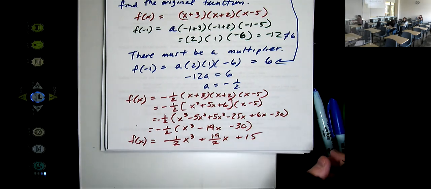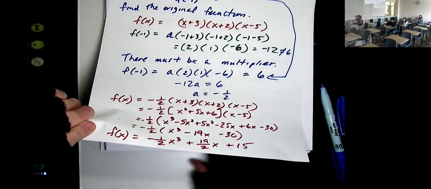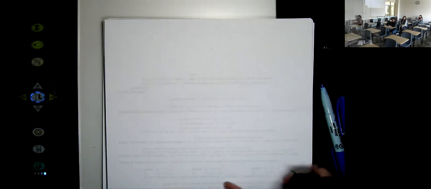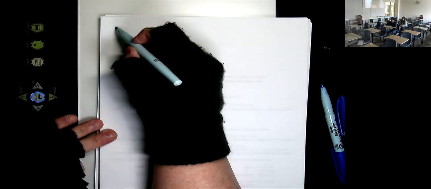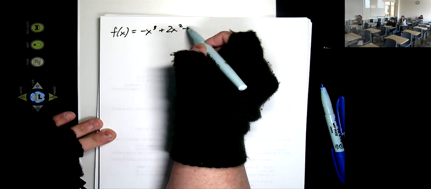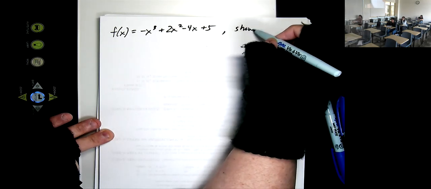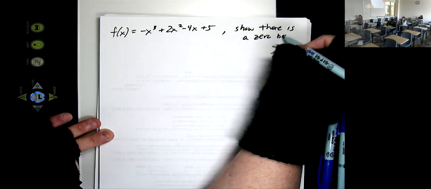Ready for some more? These are just quick examples to reinforce the intermediate value theorem and the bounded theorem. So let's say we have f of x equals, let's show that there is a 0 between 1 and 2.